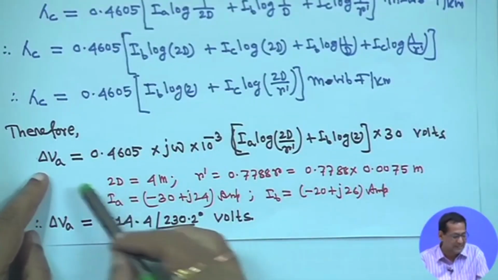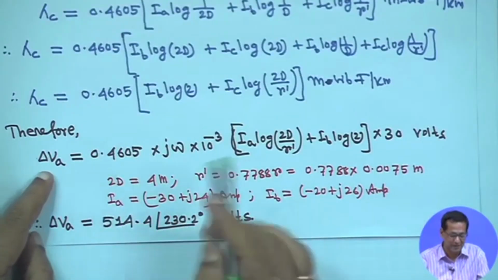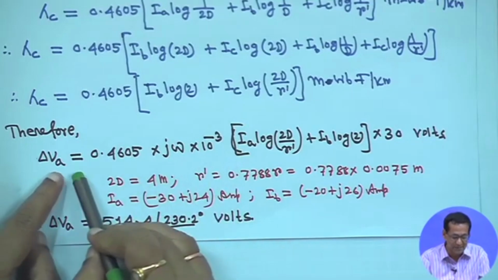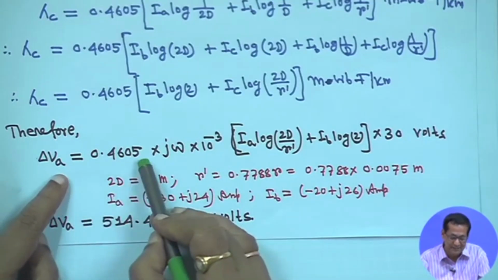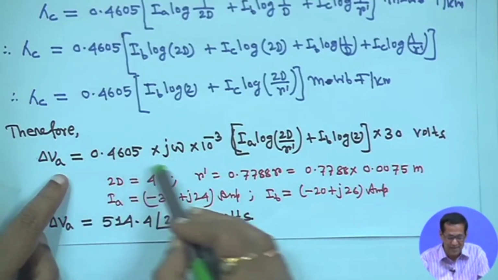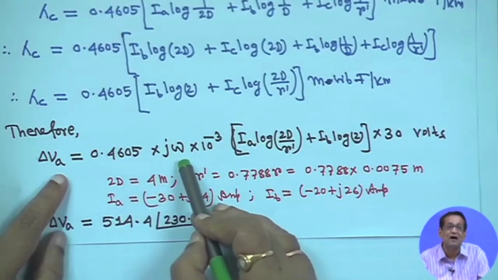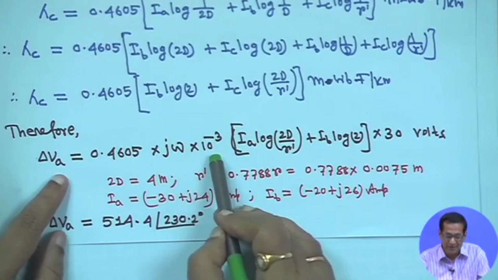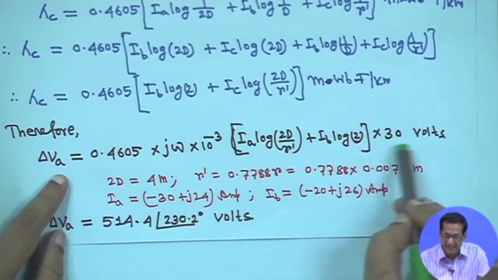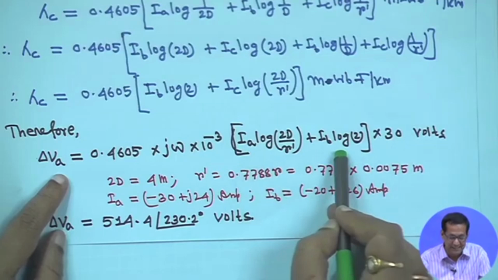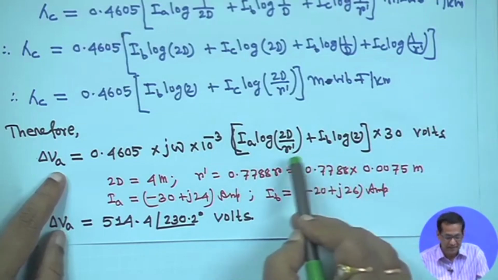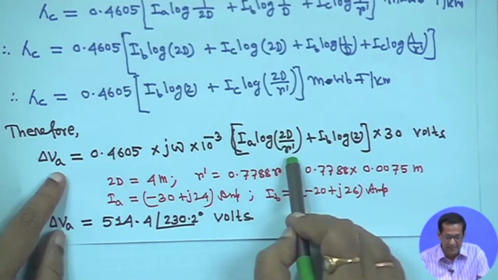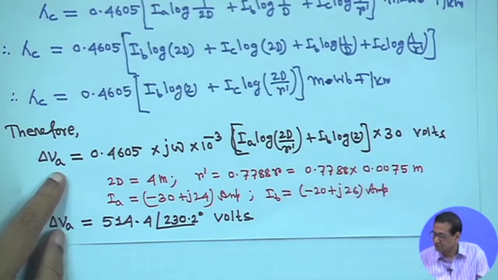Now the voltage induced, delta VA, will be 0.4605 into j omega, into 10 to the power minus 3 because it is in milliweber, and 30 kilometer length is there, into 30, and in brackets this expression for lambda A: IA log 2d upon r dash plus IB log 2, right.